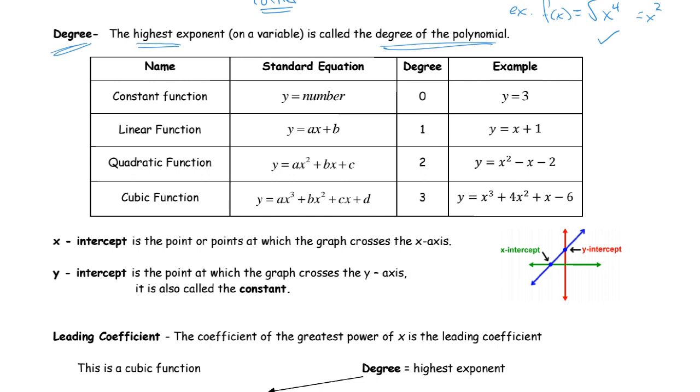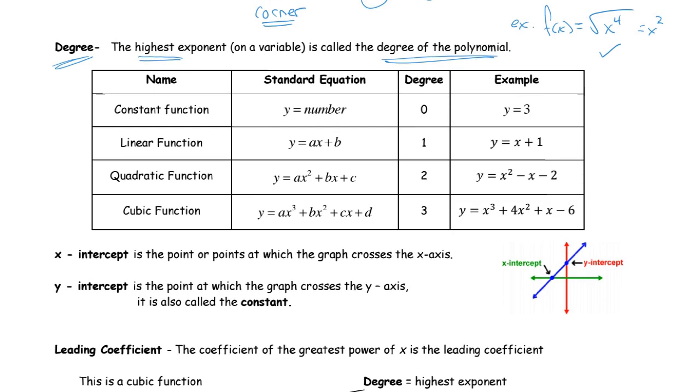So you're going to look from term to term, okay, and whichever term has the highest degree, that's the degree that's going to basically be applied to the whole polynomial.